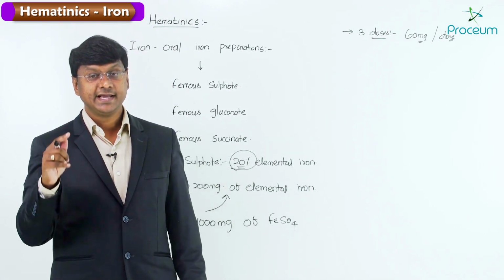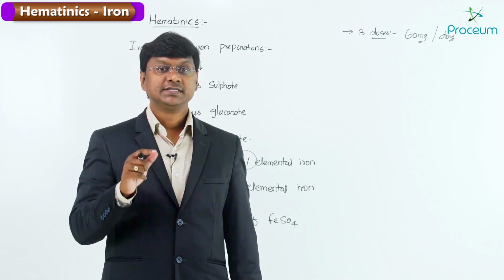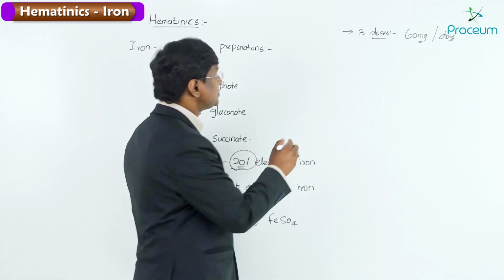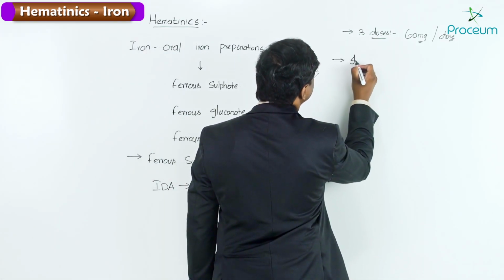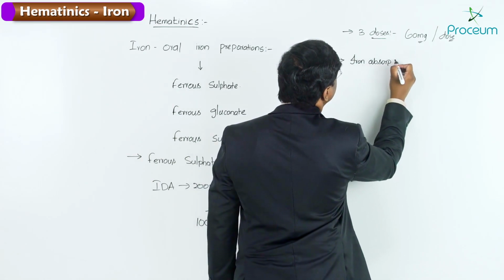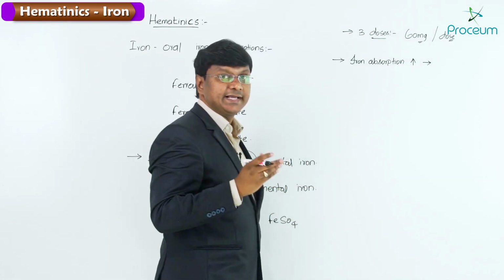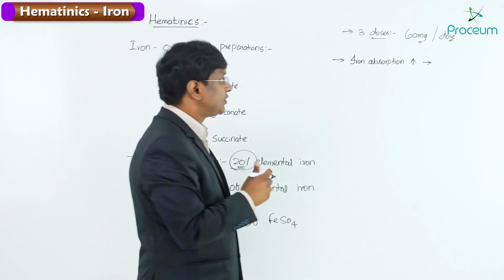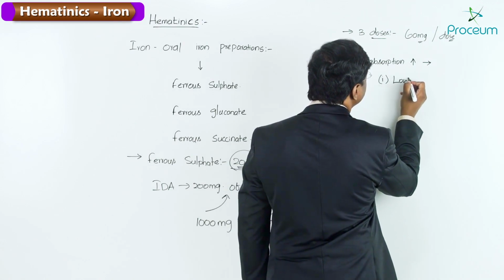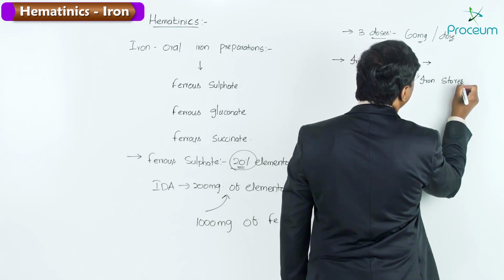Now this particular iron absorption, what are the factors which will affect the iron absorption? That is the presence of the low iron stores. So the iron absorption increases in response to number 1, low iron stores.